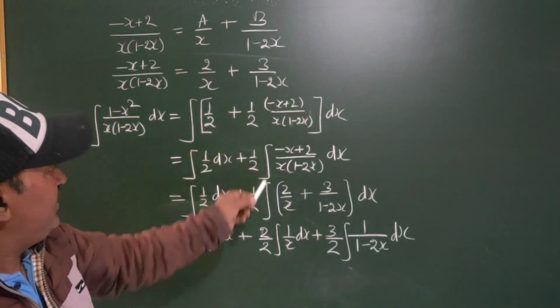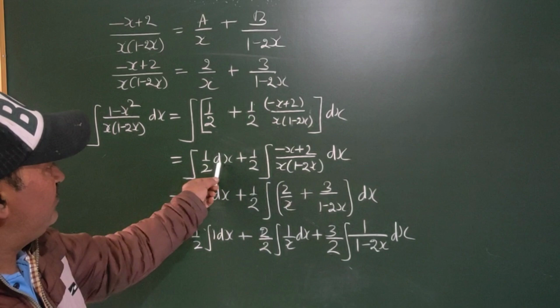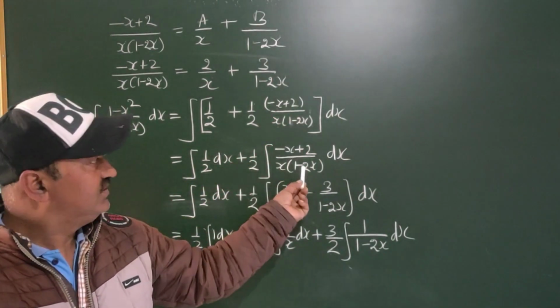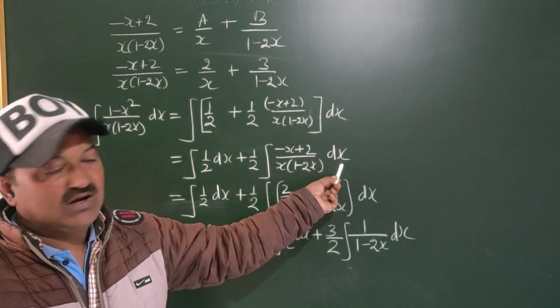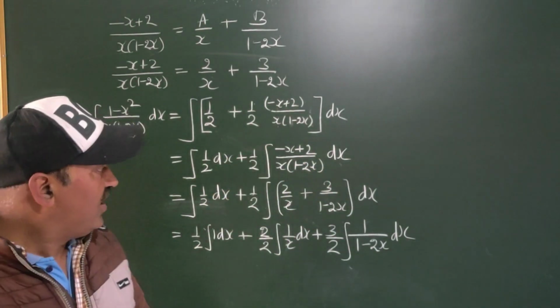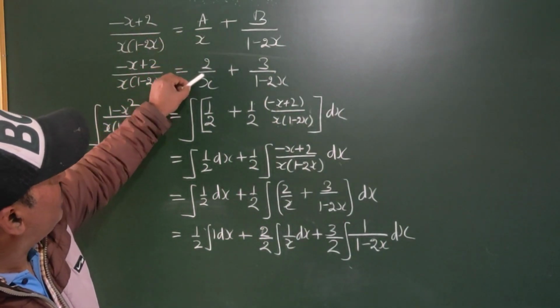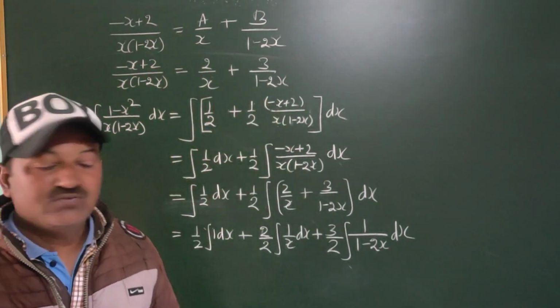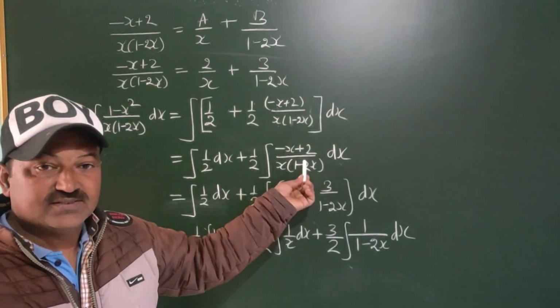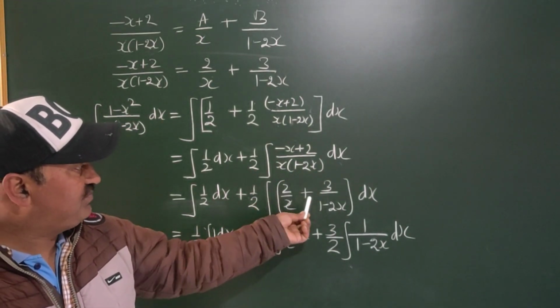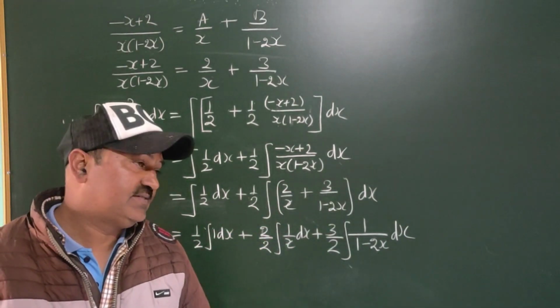Taking the separate integrations, integration of 1/2 dx plus 1/2 into the integration of these fractions. Now the partial fraction of this we can write as 2/x + 3/(1 - 2x).